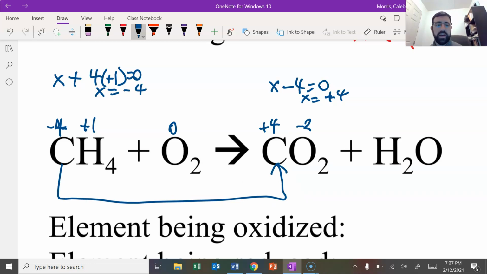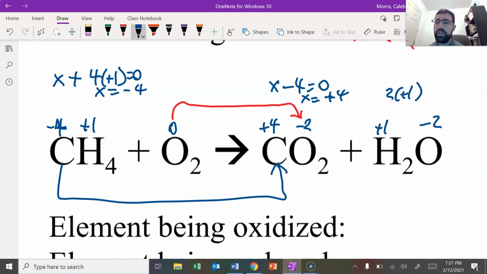Okay, and then oxygen, it went from a 0 and it became a -2. So it became more negative. And we could go ahead and do the rest of these oxidation numbers. Hydrogen's going to be +1 still. Oxygen's -2. You could confirm that because 2 times +1 minus 2 equals 0.